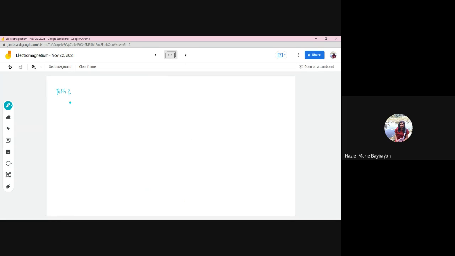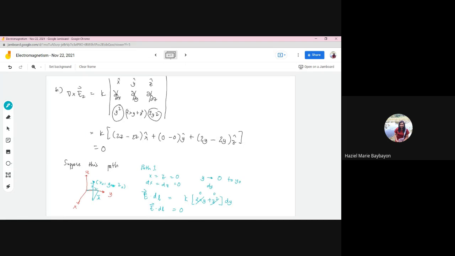For path 2, we have y equals y naught, and your x is changing from 0 to x naught, and then your z is equal to 0. Okay? Meaning to say, we will be integrating with dx as our dl. dl is just equal to dx.